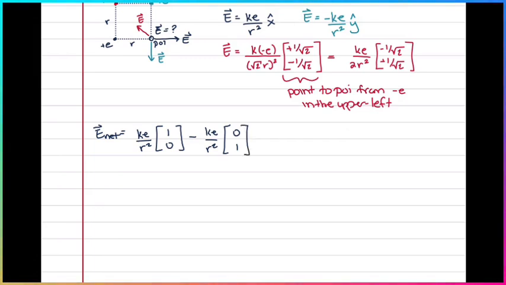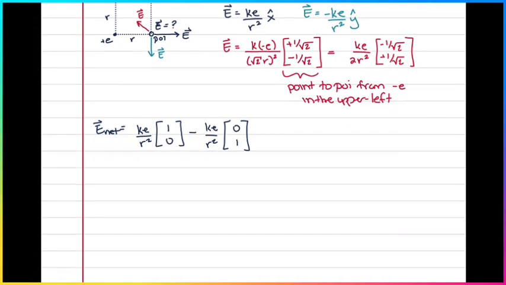Note the negative is out front, which is what makes it point down. And then I have plus kE over 2 r squared. Then I could even factor out that 1 over square root of 2, so I'll have a square root of 2 in the denominator as well. And it looks like that is negative 1, positive 1 in that case.